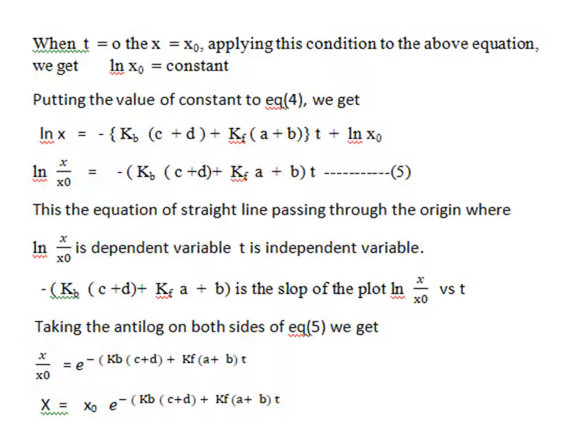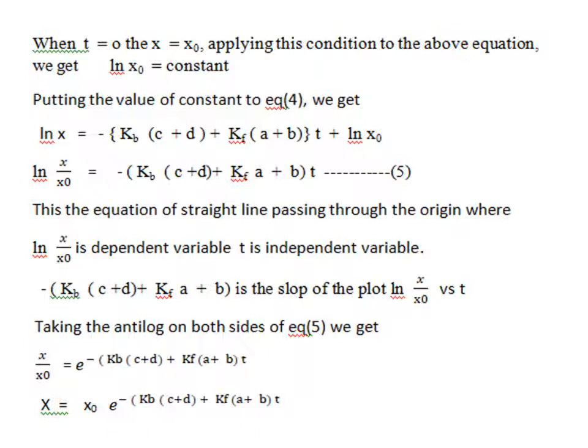Now, dear students, when t is equal to 0, x will be equal to x naught. Applying this condition to the above equation, we get log x0 is equal to the constant. That is, we have calculated the value of the integration constant, which is log x0.